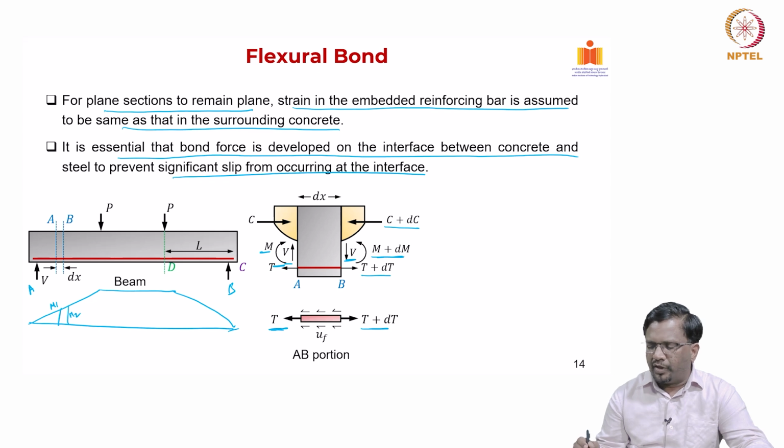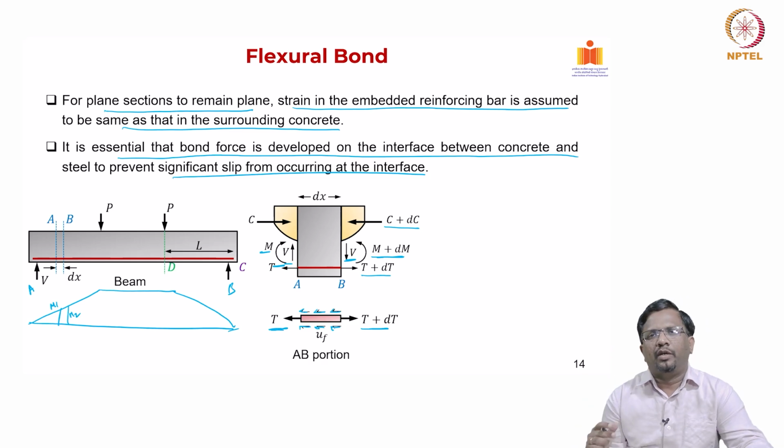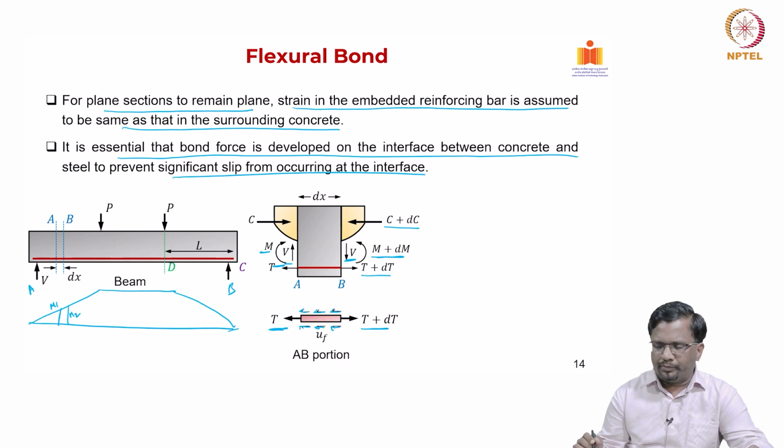To satisfy horizontal force equilibrium, I need to develop bond stresses on the interface. These stresses are called flexural bond stresses, which develop at the interface of the steel to cater to the increase in the bending moment that requires the tension in the rebar or prestressing steel to reach a higher value. This is the AB portion.